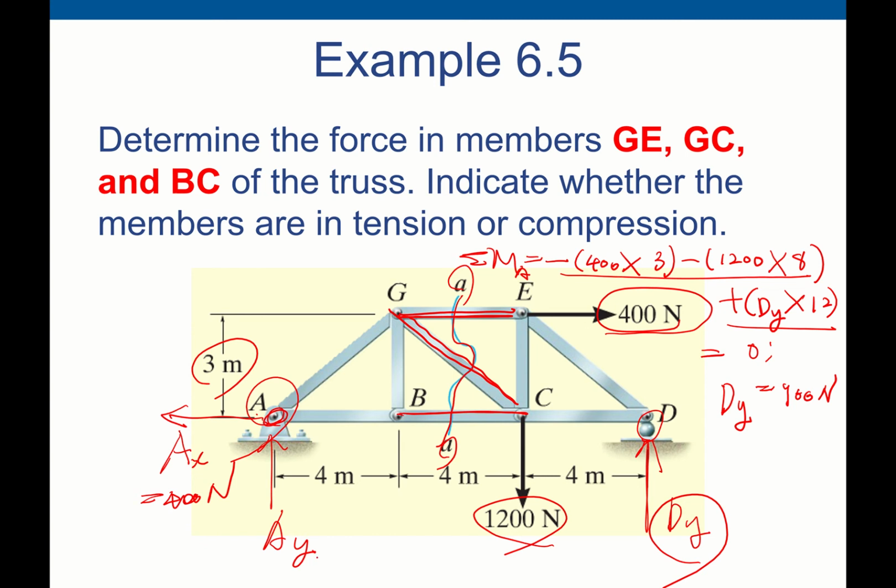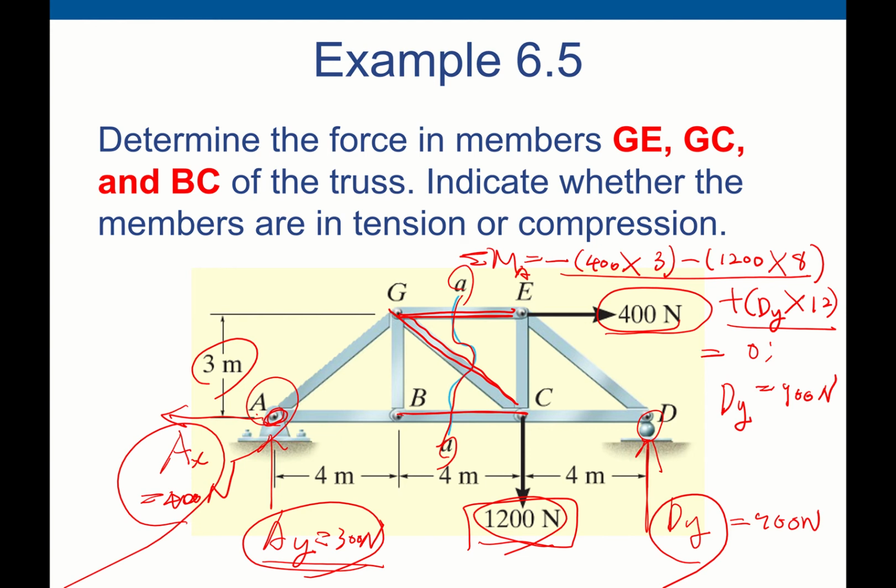This one, Ay, we can automatically decide is 300 Newton upward, because we have 900 Newton here and a negative 1200 Newton. So we can decide these unknown forces directly. But the question is, what are the forces in three members, GE, GC, BC.